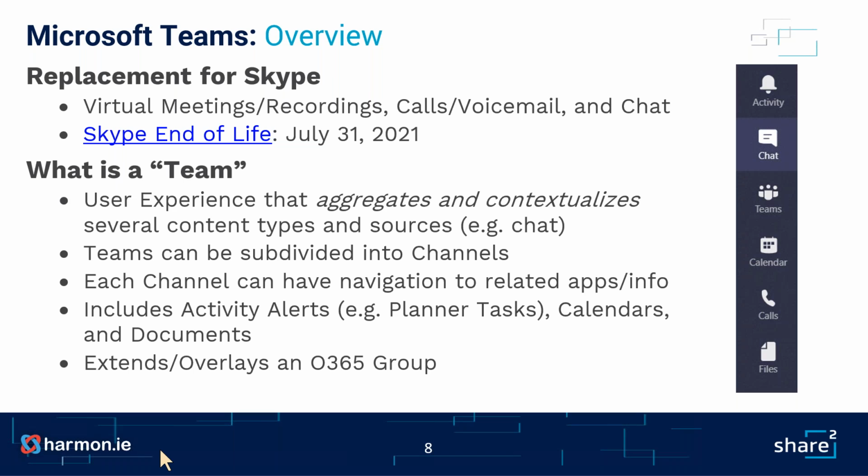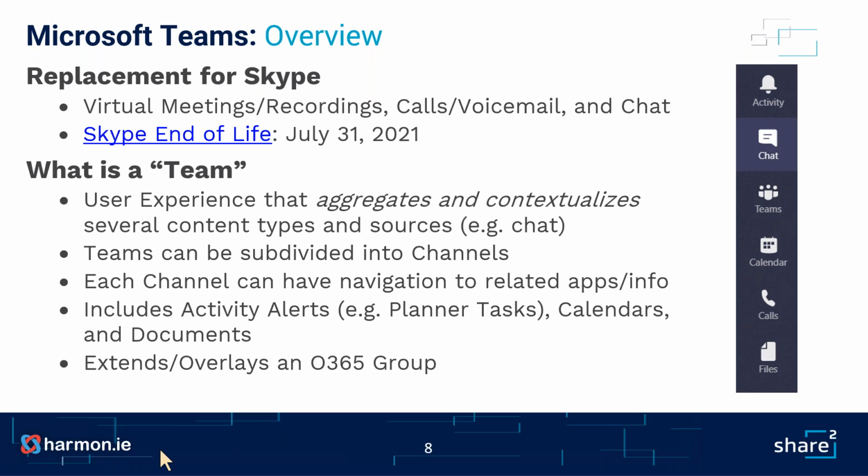Well, when I would chat in Skype before, say with Jim, we might be chatting about a particular customer project, and that chat lived in isolation. It wasn't tied to the project in any way. The only metadata about it was that it was between Jim and me. When you're chatting within a team, it's contextualized, right?